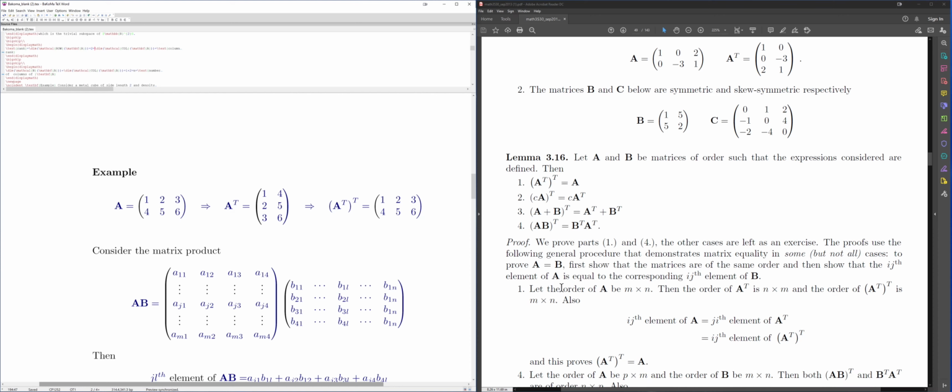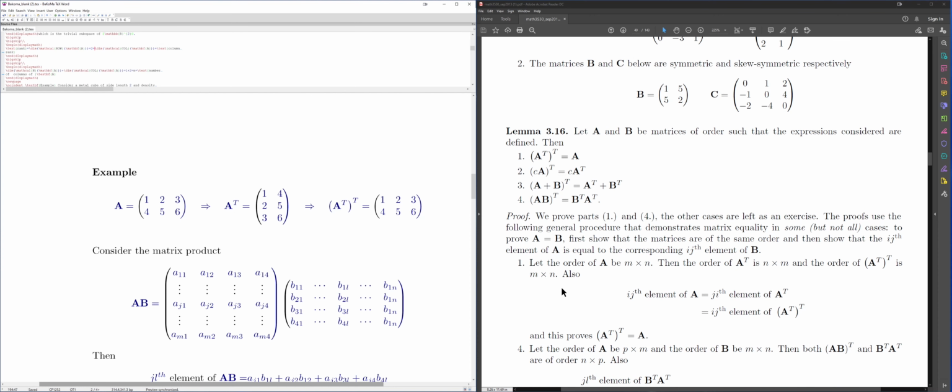Okay, and if I consider a product of matrices, then the number of columns, if I'm considering just this product, say AB, inside the bracket, then the number of columns of A needs to be equal to the number of rows of B. And I have it written over here.